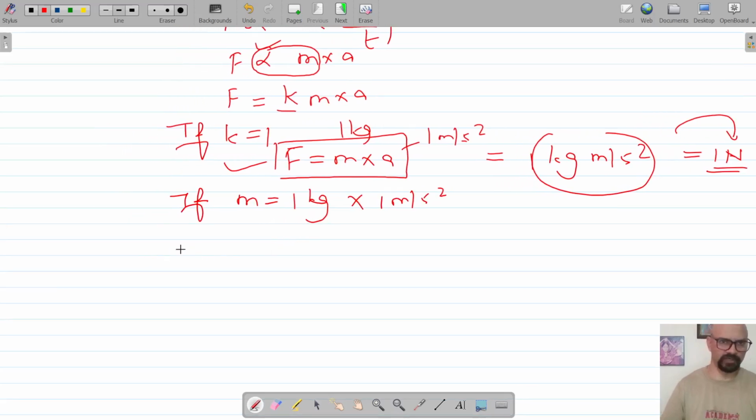Now we have the SI unit of force, which is Newton, and we are going to define 1 Newton. What is the definition of 1 Newton?